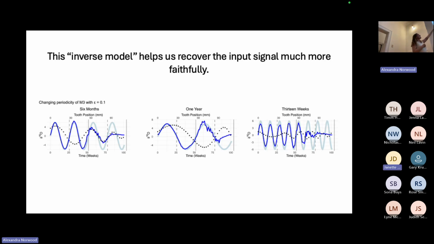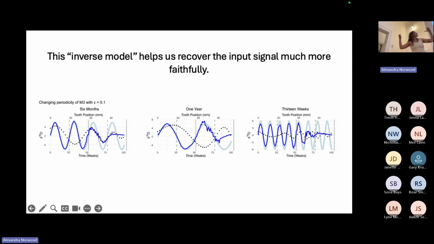What you're seeing here is the way that the inverse model works on different inputs of original signal. Underneath each of these, you see our light blue line, which is our original input, and our black points, which are what we would measure if we just drilled down the length of the tooth and looked at the isotopic composition of each of those pieces of enamel.